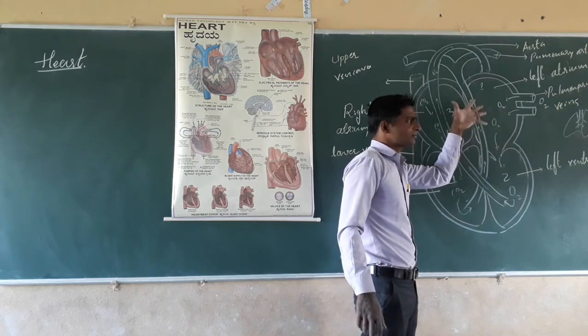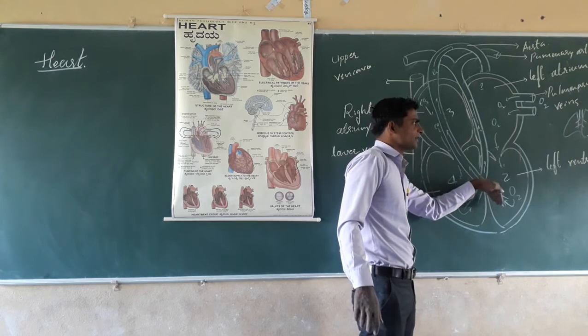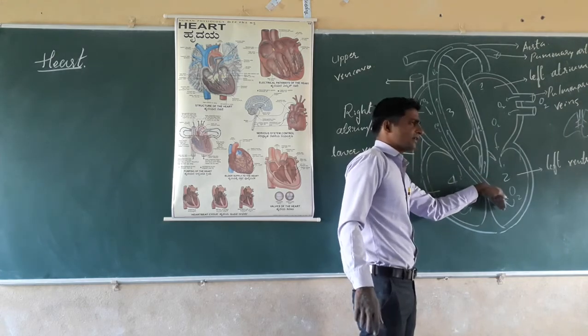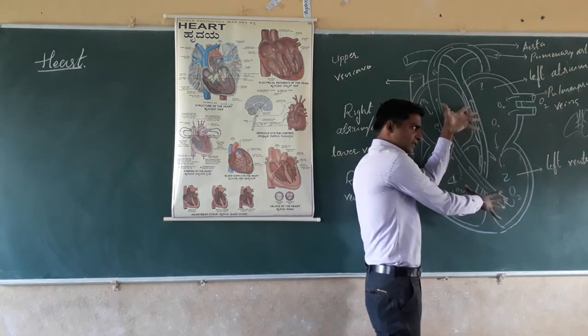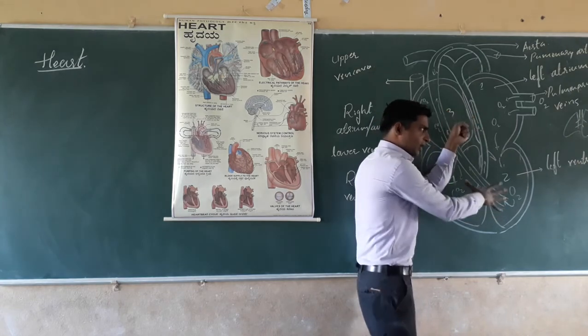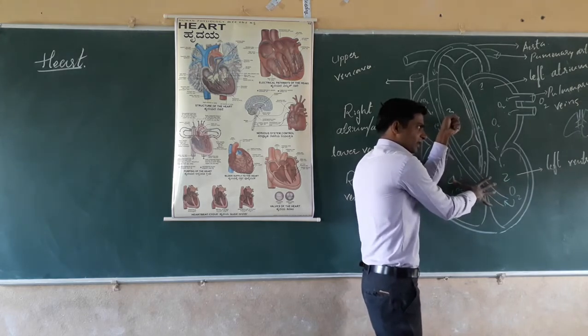When it contracts, the blood moves down to the ventricular region, which relaxes to take in the blood first. When it contracts, the blood will move to the lower regions.